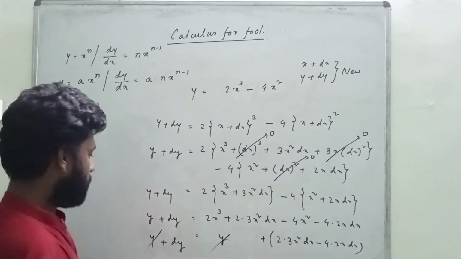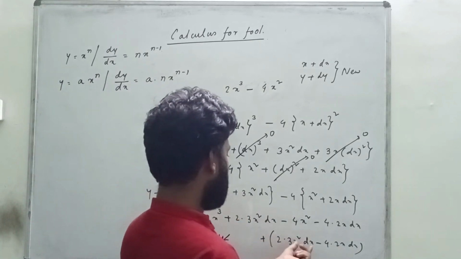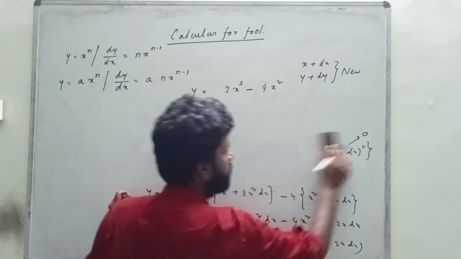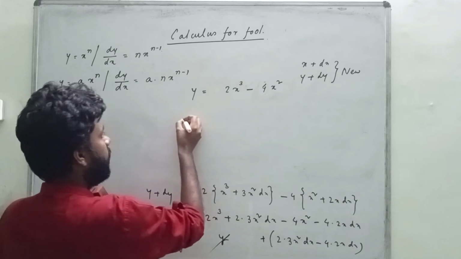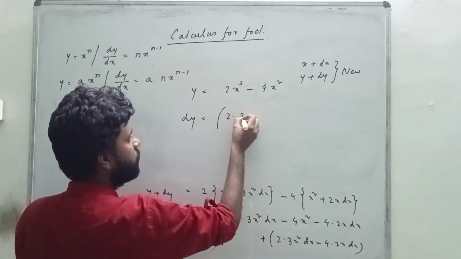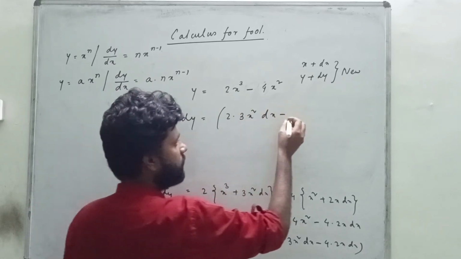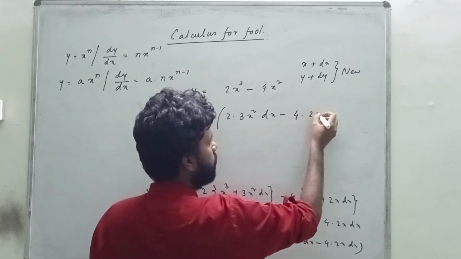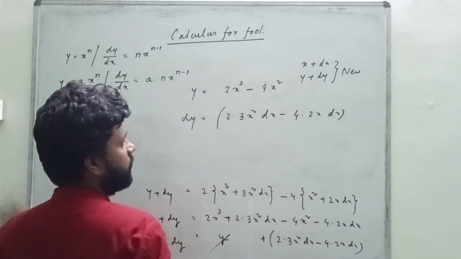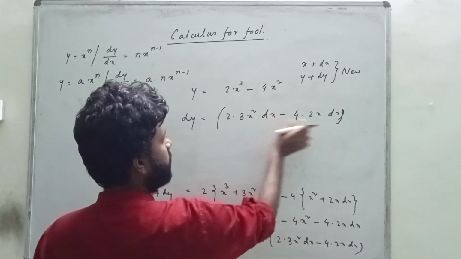So left out an equation which is dy equals 2 into this thing. Okay, so I will write it here. dy equals 2 into 3x squared dx minus 4 into 2x dx. So it is two terms, obviously, this and this, and there is a common term dx.